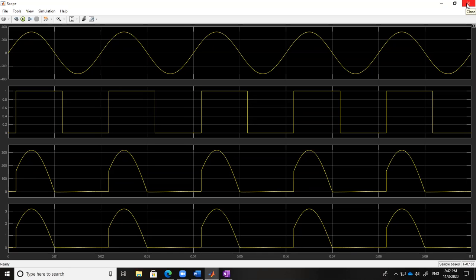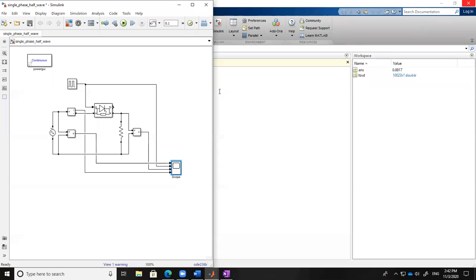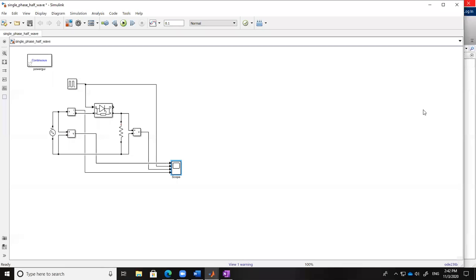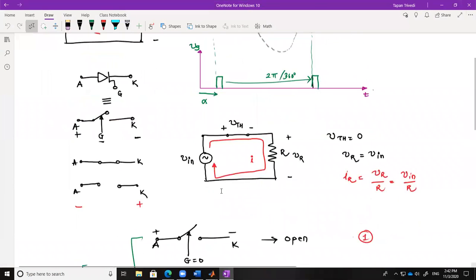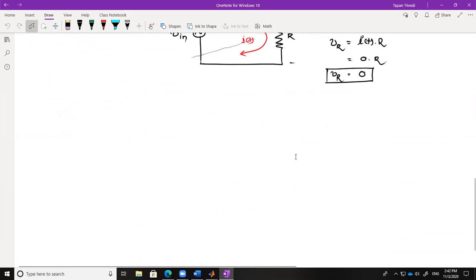Now let us make it a little bit interesting. We will make it a little bit interesting, where now I will extend this circuit and connect another SCR in anti-parallel.